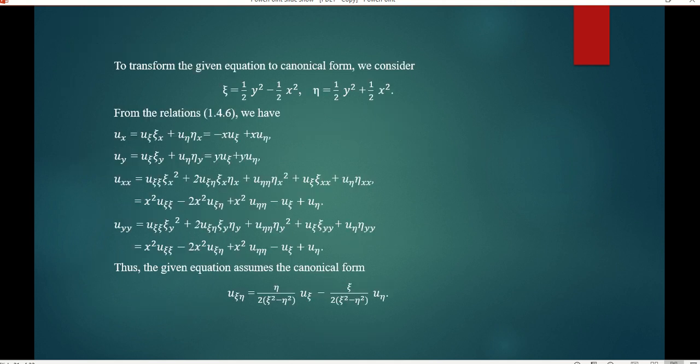So by using the transformation psi equal to 1 by 2 into y square minus 1 by 2 into x square and eta equal to 1 by 2 y square plus 1 by 2 x square, we have the partial derivatives related to this, uxx, ux, uyy, and we have finally the canonical form as u psi eta equal to eta divided by 2 into psi square minus eta square into u psi minus psi divided by 2 into psi square minus eta square into u eta.